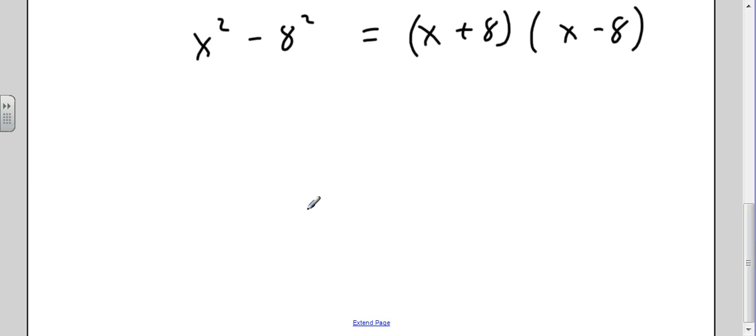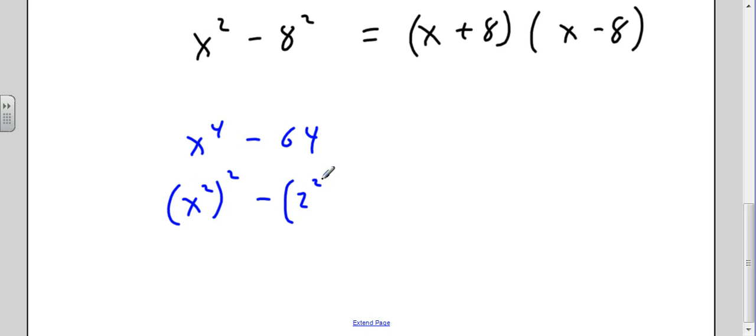What if I had x to the 4th minus 64? What would I do then? Well, I'd recognize that as x squared minus 8 squared. 2 to the 4th is 16, right?